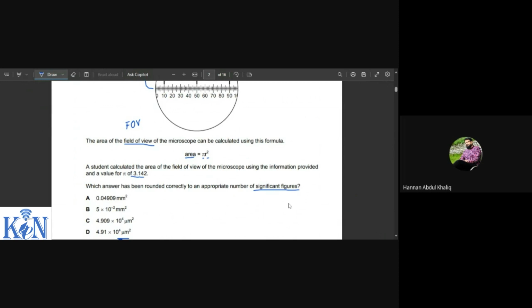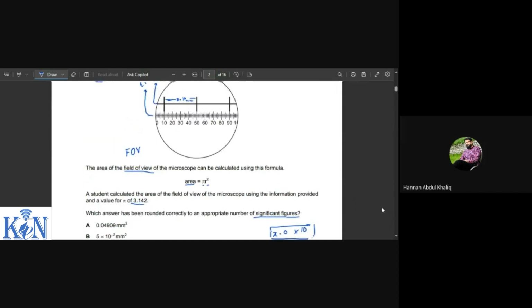We know very well that significant figures always come with a power of 10. Let's say you have your value x point 0 times 10 raised to power n. This is the way to write significant figures. So now we have a particular data, and we are going to work on it.